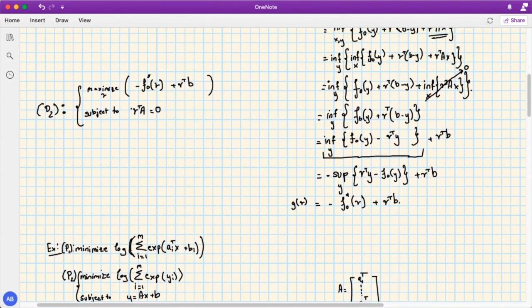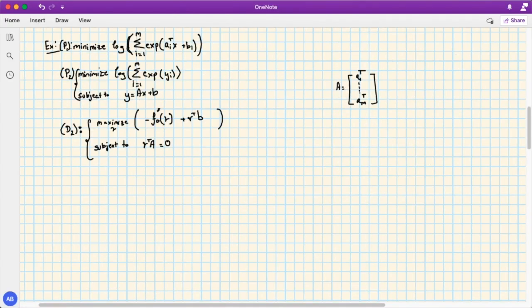So I'm going to copy paste this, where f0 again is the log-sum-exponential function.